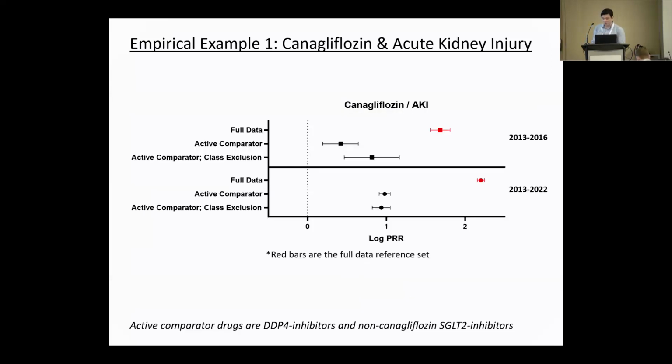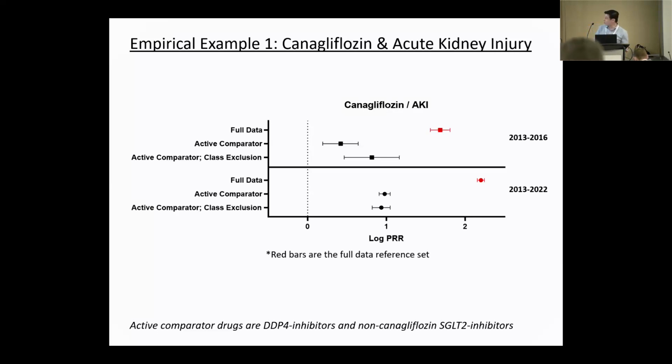Okay, so the first one, canagliflozin acute kidney injury. This is a forest plot in 2 time intervals. The upper plot is market authorization till just before the FDA warning. The bottom plot is market authorization to 2022. This is all done in the FDA's adverse event reporting system data, by the way.